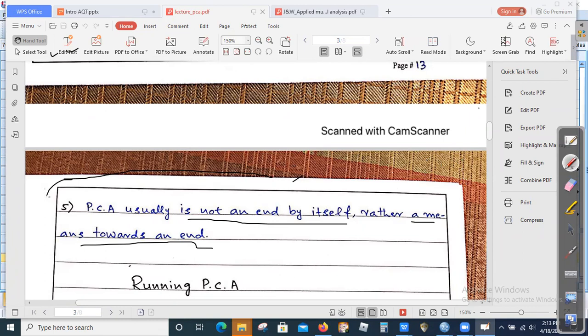Before I can actually start PCA, is it okay if we go for a 5 or 10 minute break so that we can have our prayers and then we come back and reconnect? Yes, sir. I think it would be appropriate if we go for a 10 minute break. You suggest. And after the break, we will go totally for SPSS demonstration rather than further theoretical discussion.